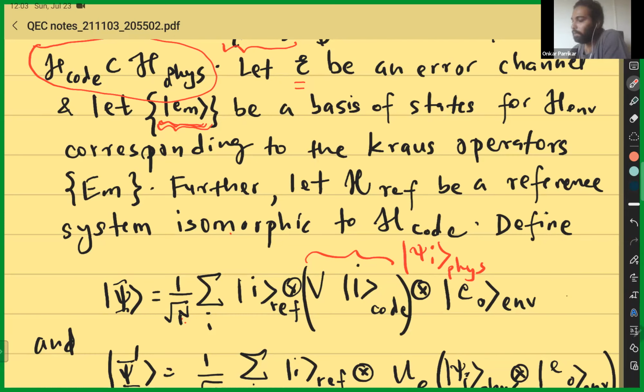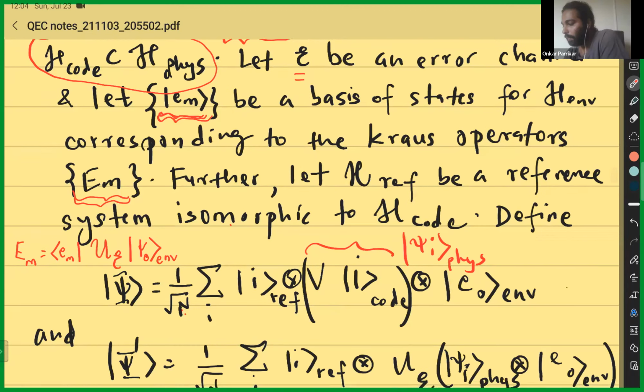We're going to call them |e_m⟩. And you can think of these |e_m⟩ as corresponding to the Kraus operators, capital E_m. Remember that we discussed that the Kraus operators E_m are like ⟨e_m|U|ψ_0⟩, the joint unitary U corresponding to the error channel, acting on some initial state ψ_0 on the environment. That was how they are related.